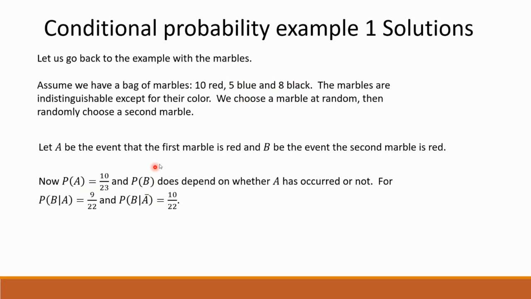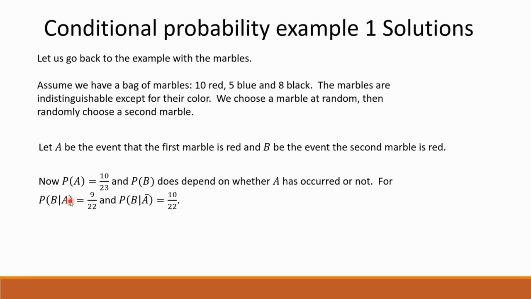Now notice that since we're not putting the marble back, B and A are not independent, they're dependent. So what we're looking for now is the probability of B given A. That's going to be 9 over 22.